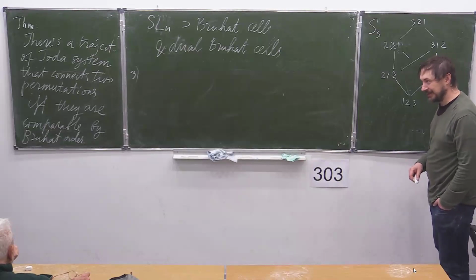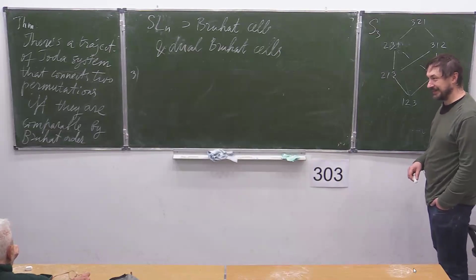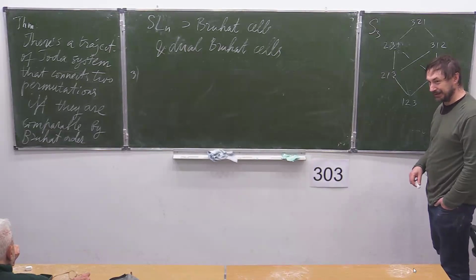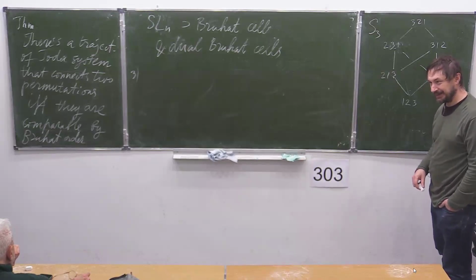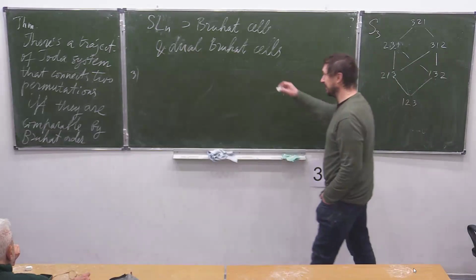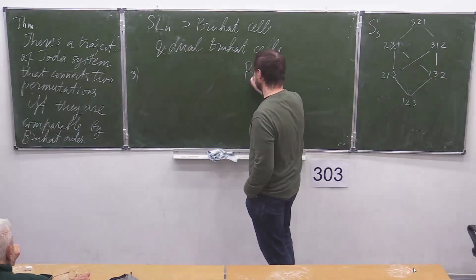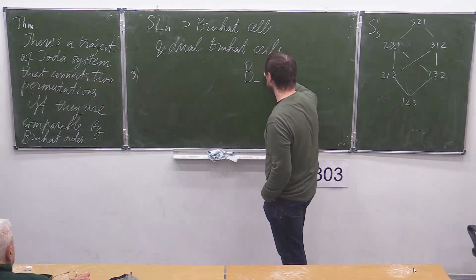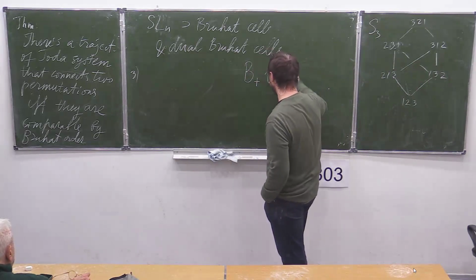I doubt this, and the reason is that there are different versions of Bruhat cells, double Bruhat cells. For instance, for us, Bruhat cells are B plus, W, B plus.